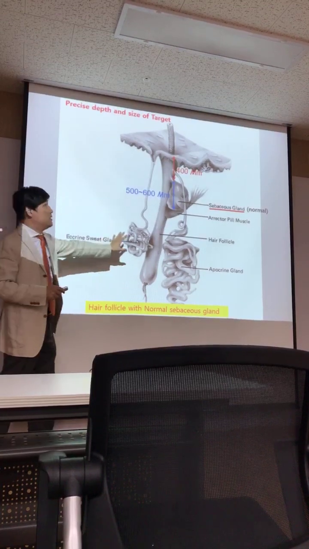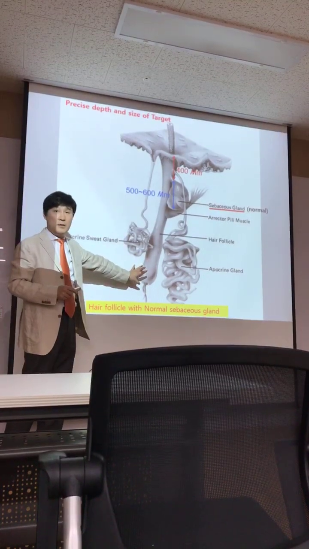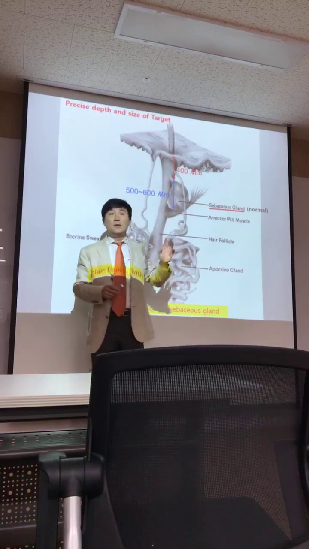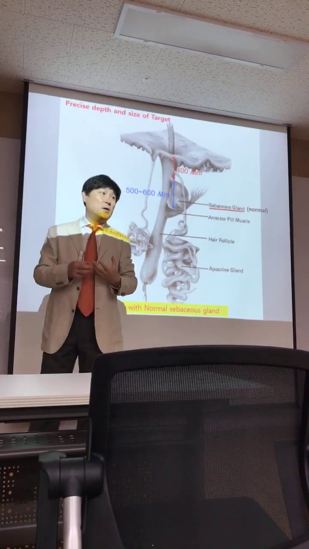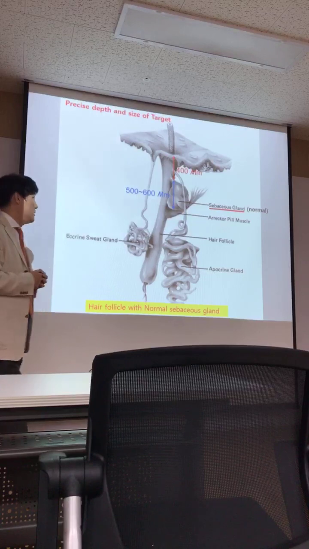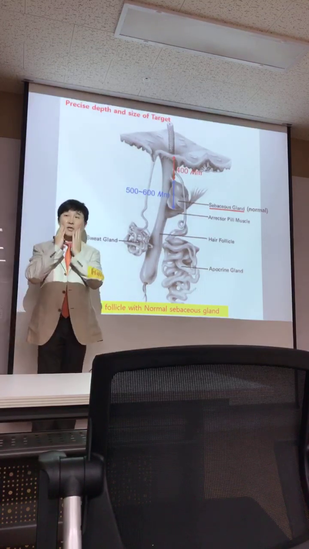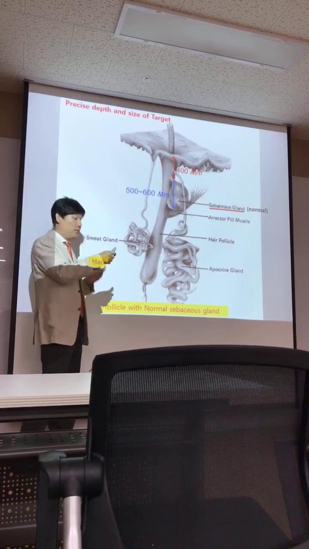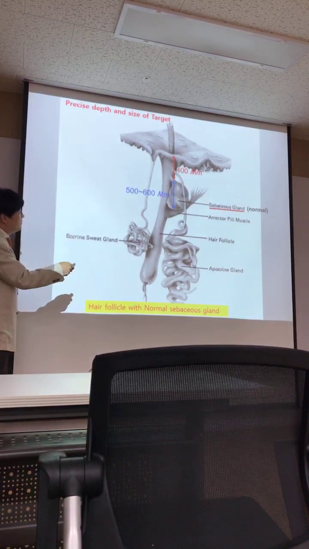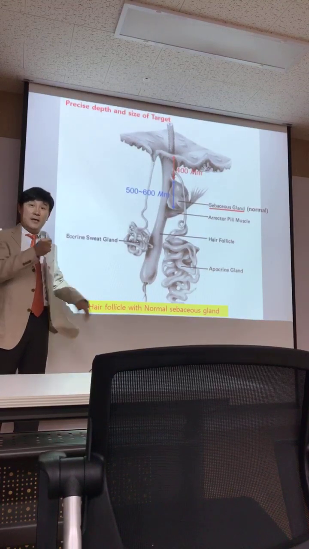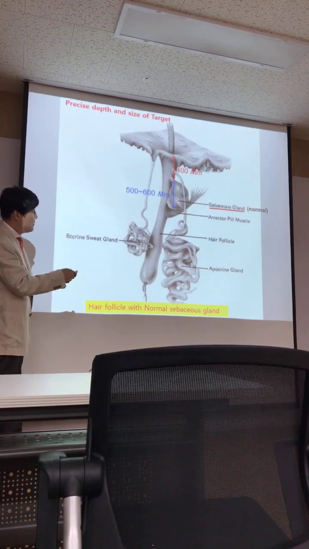Here is the hair follicle. You know the sebaceous gland is the appendage of this hair follicle. This is the hair follicle of our cheek. If we treat acne with Agnes, our target should be the sebaceous gland.